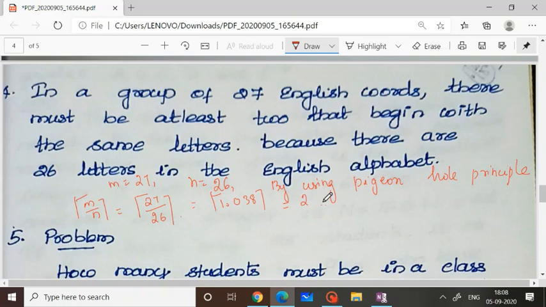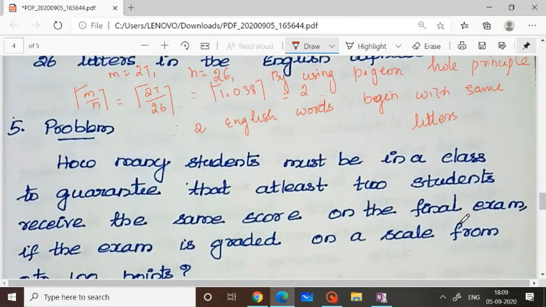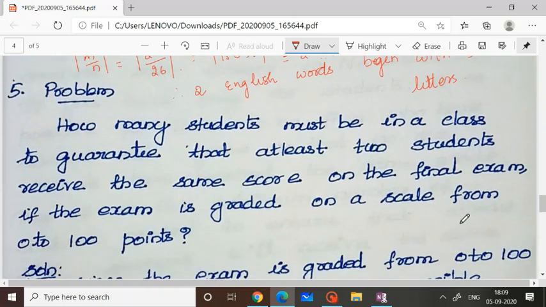So by using the pigeonhole principle, there are 26 alphabets, and among these, 2 English words begin with the same letter.